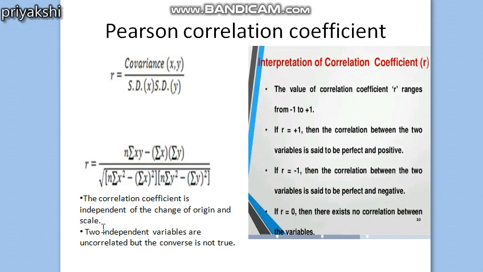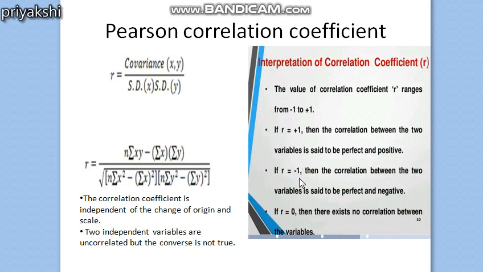What is the interpretation of the value of the correlation coefficient? The value of the correlation coefficient r ranges from -1 to +1. If r is +1, it means there is a perfect positive correlation between the variables.